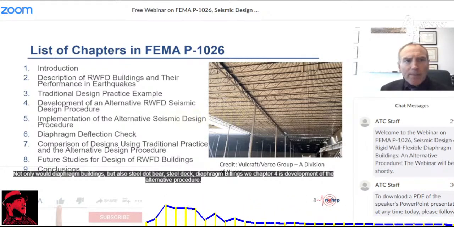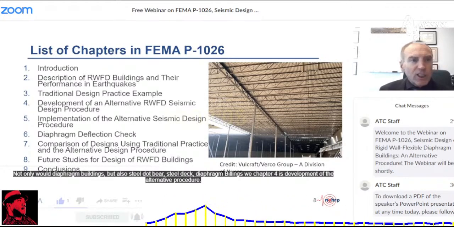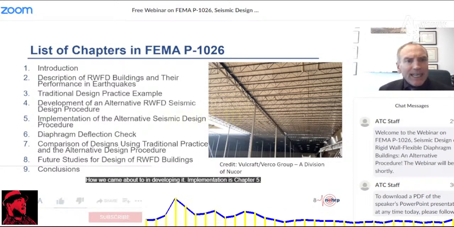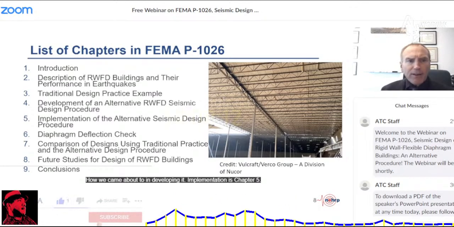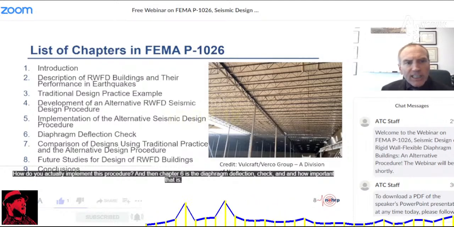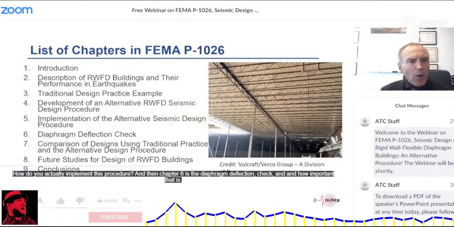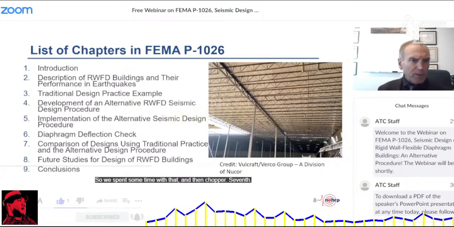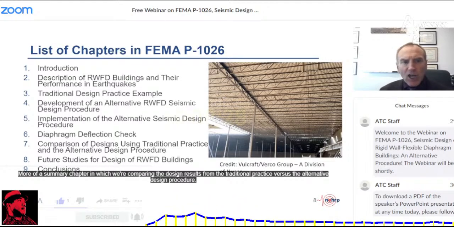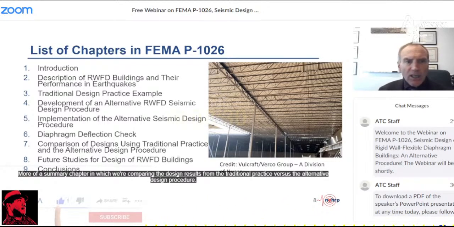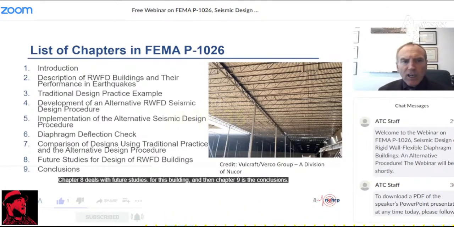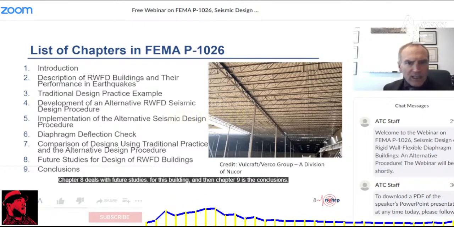Chapter 4 is development of the alternative procedure, how we came about in developing it. Implementation is chapter 5. How do you actually implement this procedure? Then chapter 6 is the diaphragm deflection check and how important that is, so we spent some time with that. Chapter 7 is more of a summary chapter in which we're comparing the design results from the traditional practice versus the alternative design procedure. Chapter 8 deals with future studies for this building, and then chapter 9 is the conclusions.